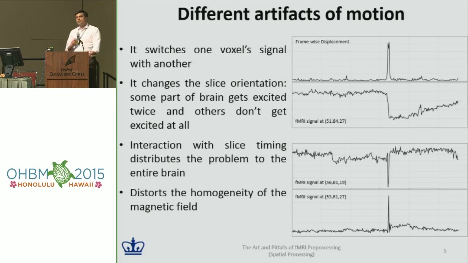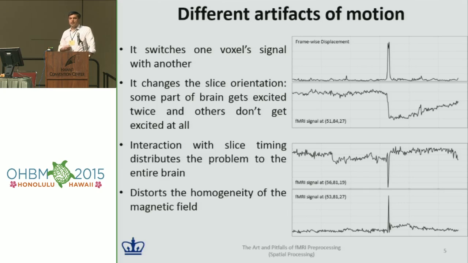So this also brings up another issue: the effect of the motion on your signal is not linear. Just because you have a frame-wise displacement that jumps up at that location, it doesn't mean your signal is going to jump up or jump down, or go to another level. Any of these can be happening. And that's why most of the linear techniques are failing.